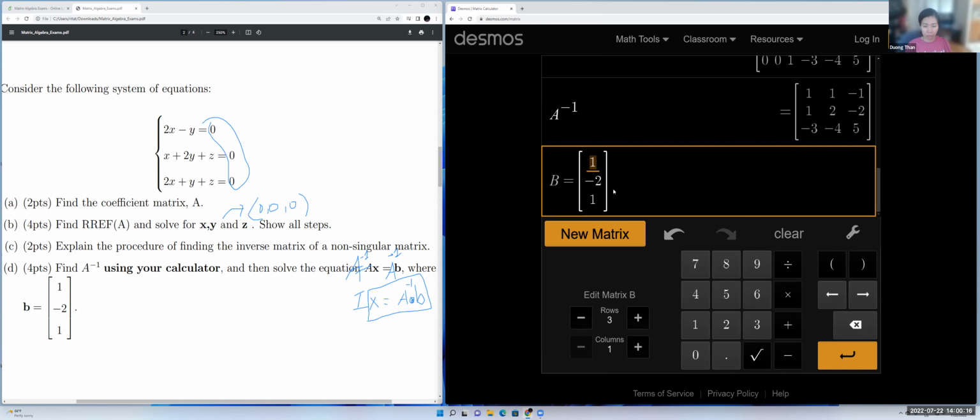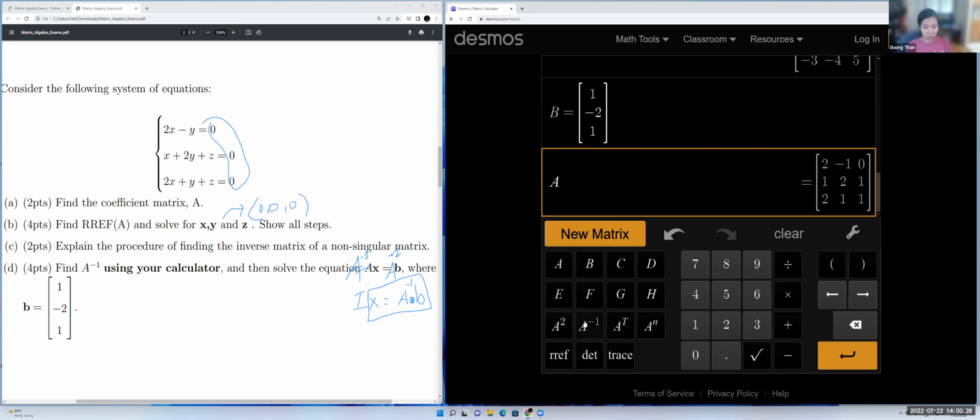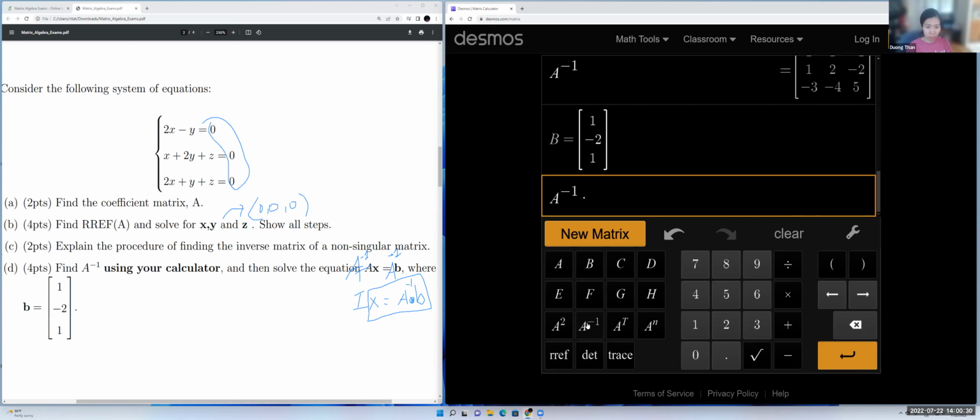And the solution X will equal A inverse multiplied by B.